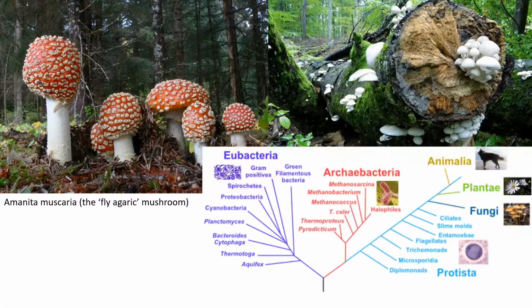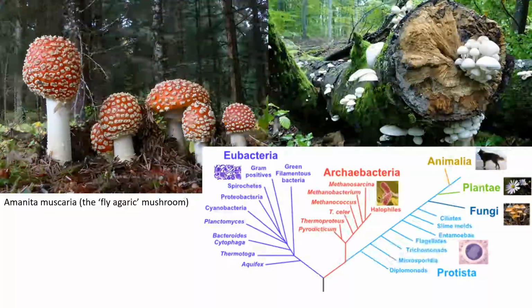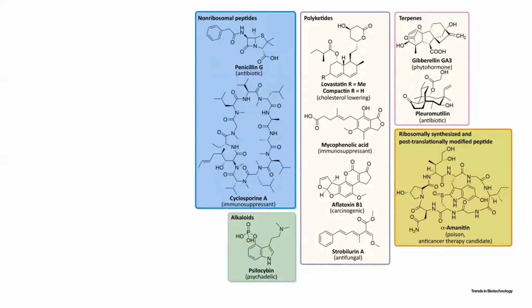Fungi are not plants or animals; they're actually their own separate kingdom of life. They are very good not just at breaking down molecules, but also at making molecules. They're very good at making what are called natural products. A good example of a natural product made by fungi is penicillin.